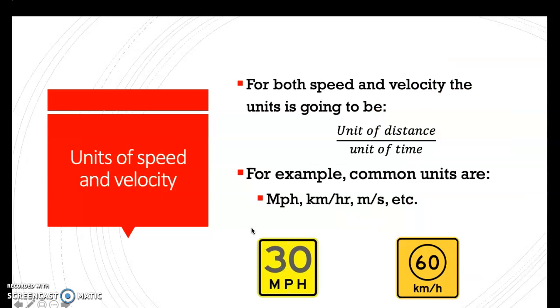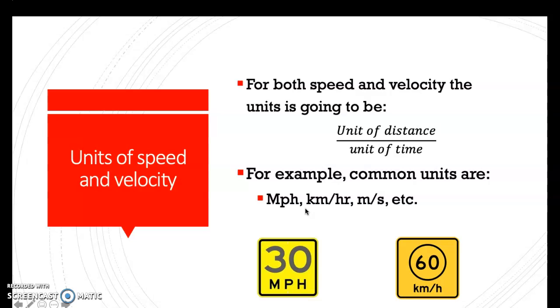So let's talk about the units of speed and velocity. Both of them are going to be a unit of distance divided by a unit of time. So for example, mile per hour, kilometer per hour, meter per second. You're always going to have a unit of length divided by a unit of time.